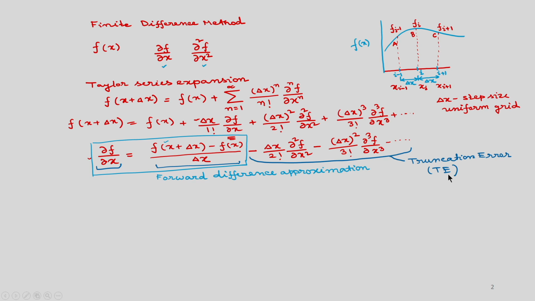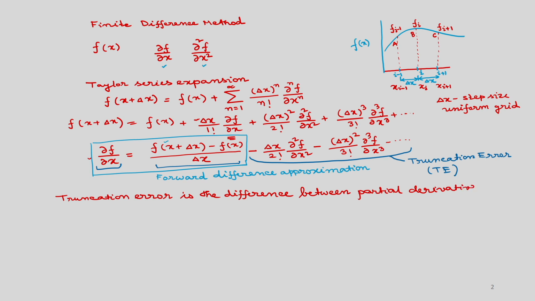So, the truncation error is the difference between the partial derivative and its finite difference representation.